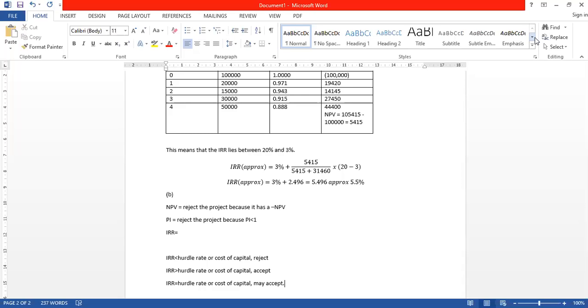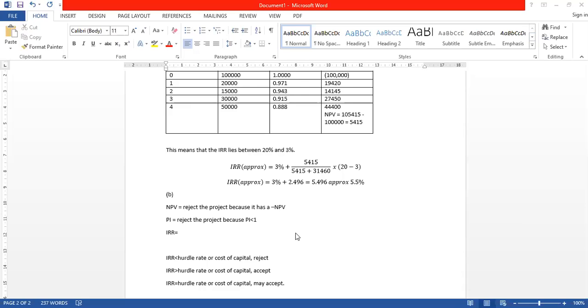So if the IRR is less than what it takes them to acquire capital, the cost of capital, it's like if you borrow at 20% and this project is going to yield 5.5%, will you consider that viable? No, sir.